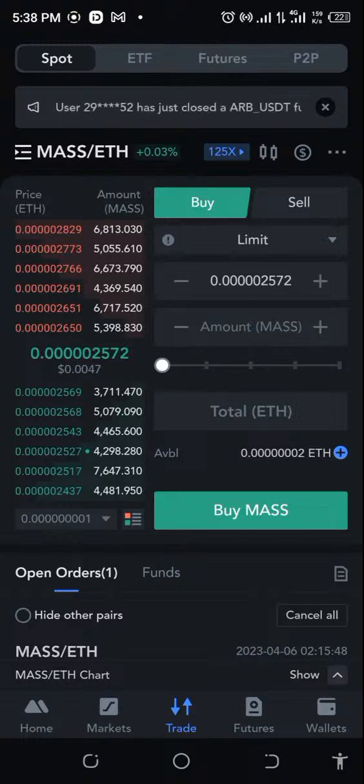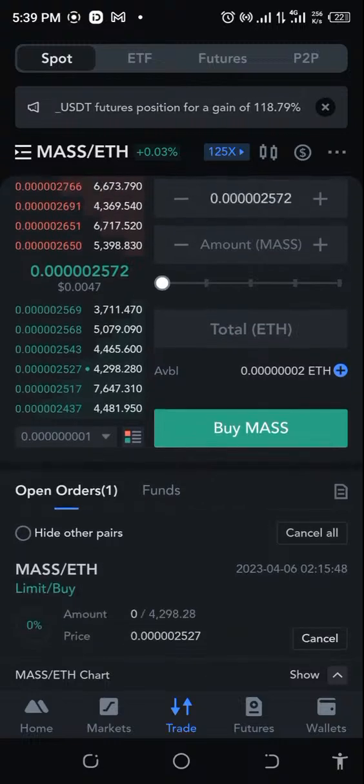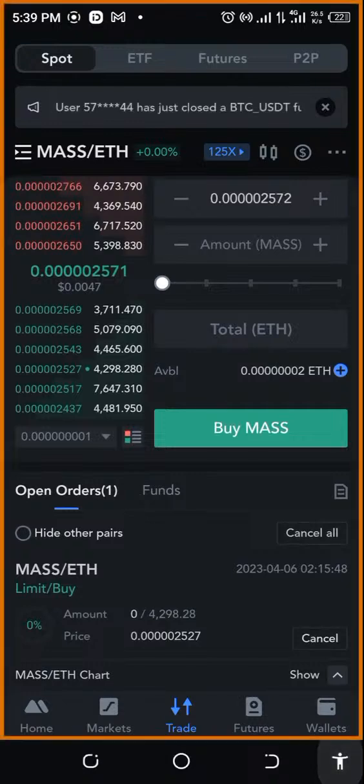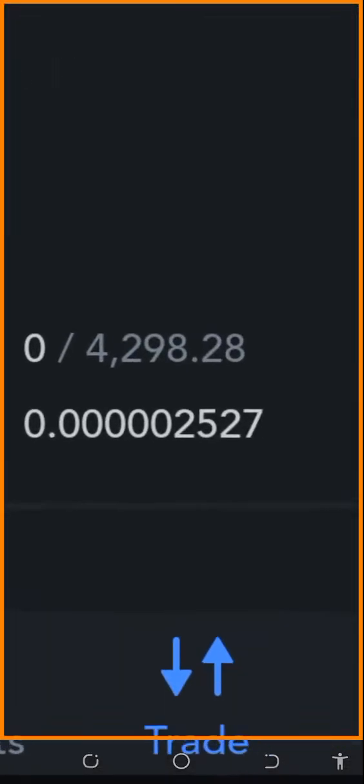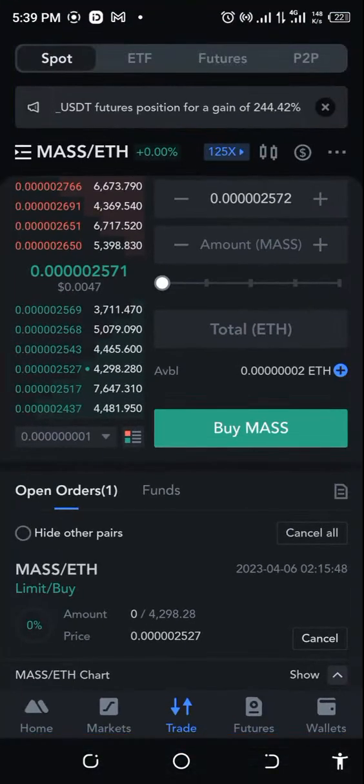But because the value of ETH has gone down, the best thing to do is to set a sell limit for ETH. That's just it. I'm going to have to sell back this ETH to USDT. So I'm going to have to cancel this, because if I go ahead and try to sell it, look at the time, look at the price right now. This was the price where we fixed it to buy our MASS.